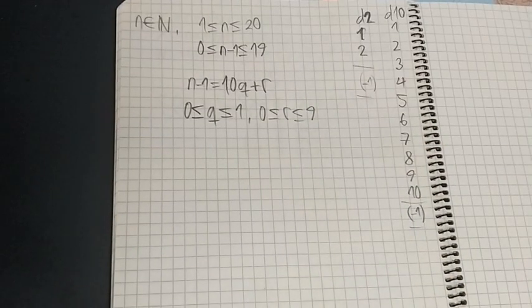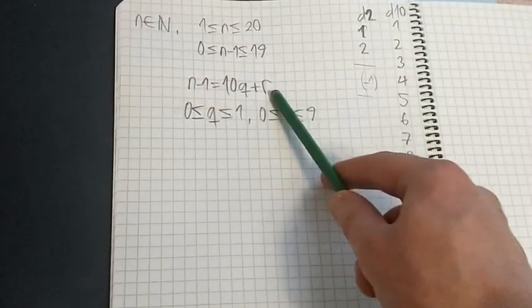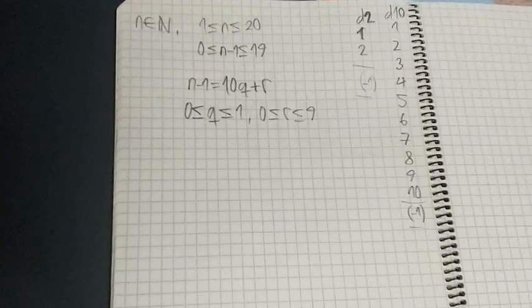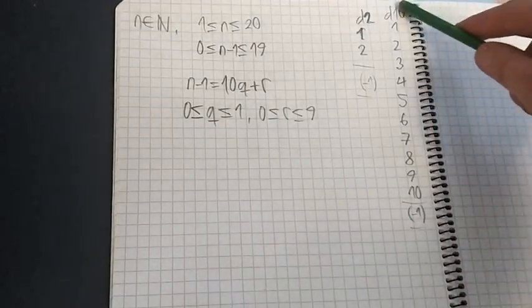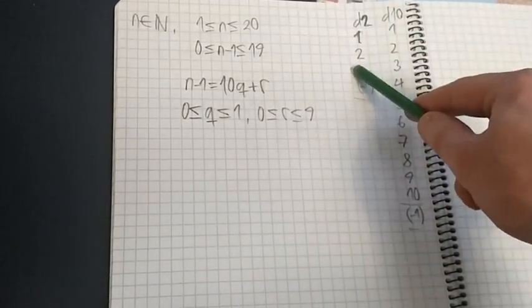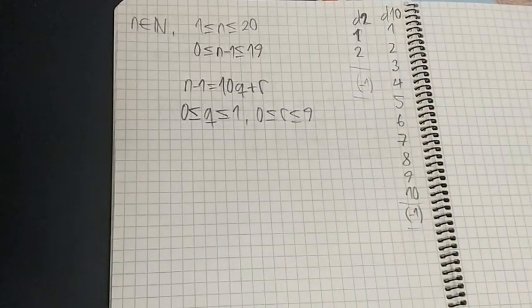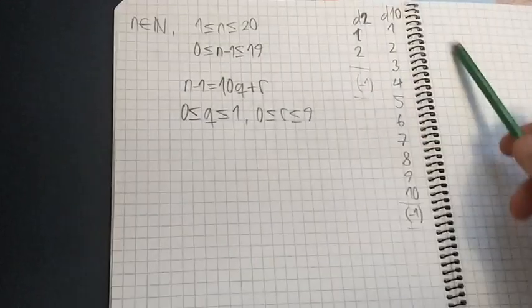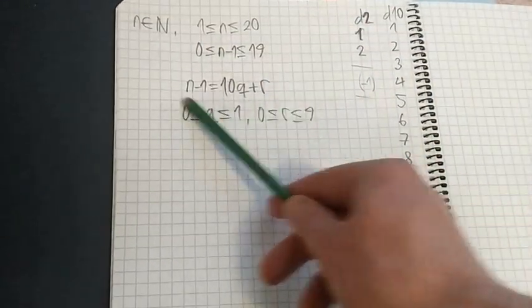So, because there is a unique representation of this number as the pair 10q plus r, it means that the 10 possible outcomes of the d10 and the 2 possible outcomes of the d2, and each combination of these possible outcomes, can be uniquely mapped into each number between 1 and 20 this way.